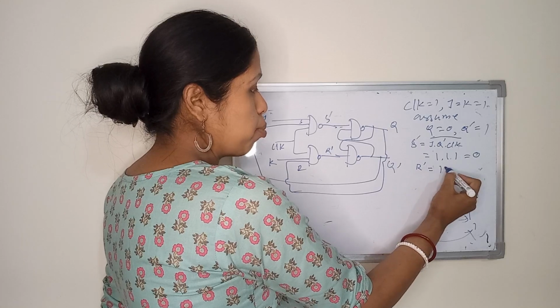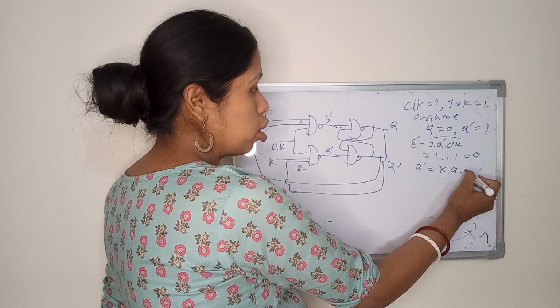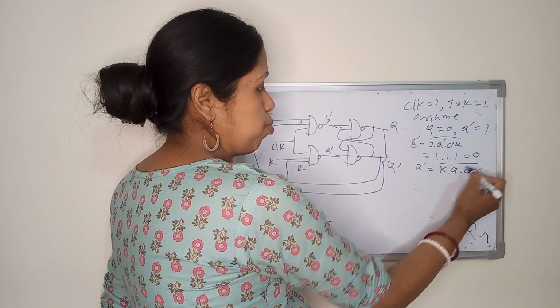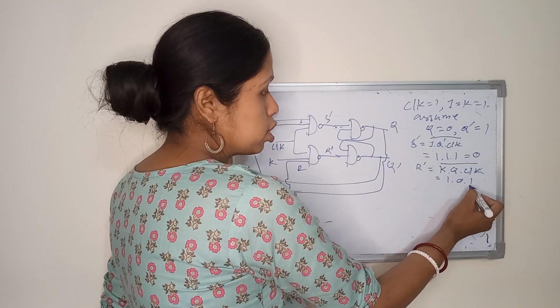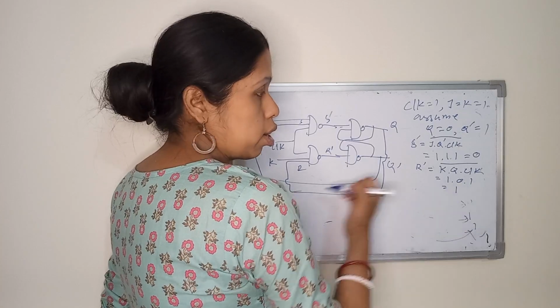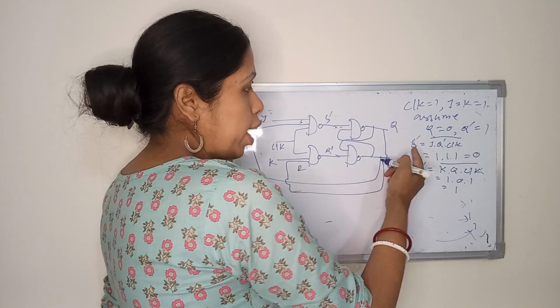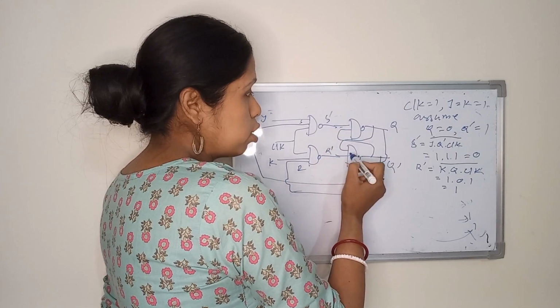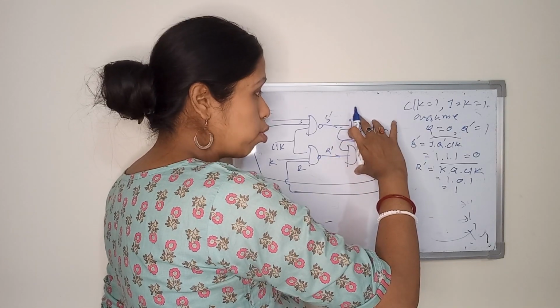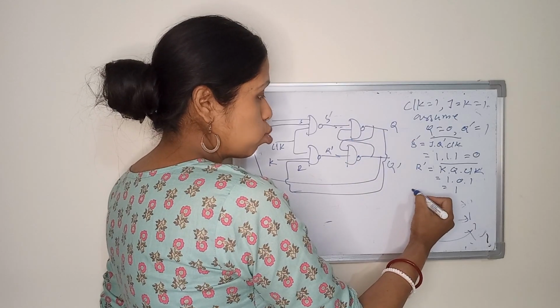What is R prime? R prime is K dot Q dot clock, inverted. So K is 1, Q is 0, clock is 1, so the output is 1. Okay, right? So S prime is 0, R prime is 1. In case of the SR NAND latch, S prime 0 and R prime 1 means set. So what will be the output?